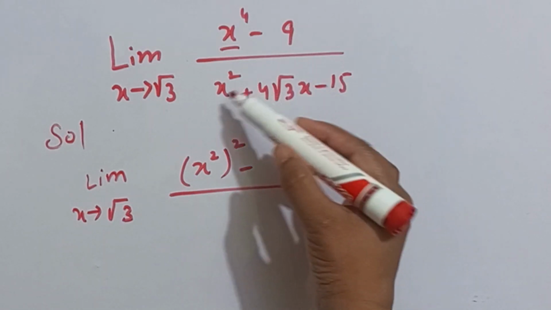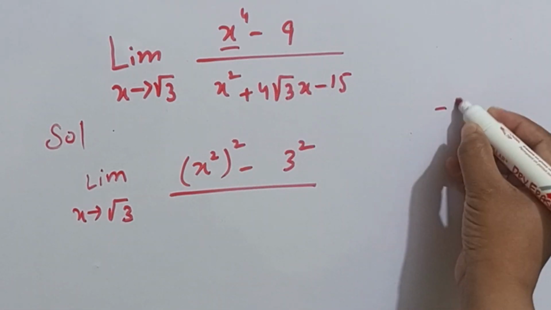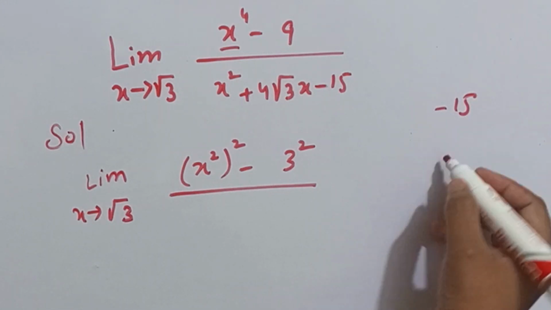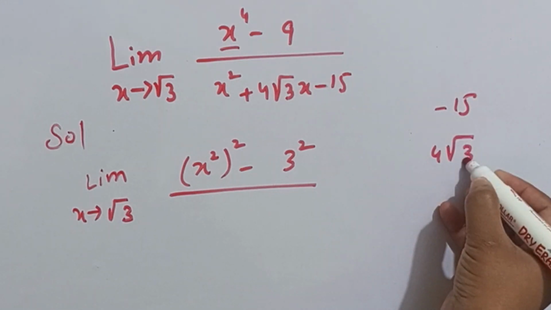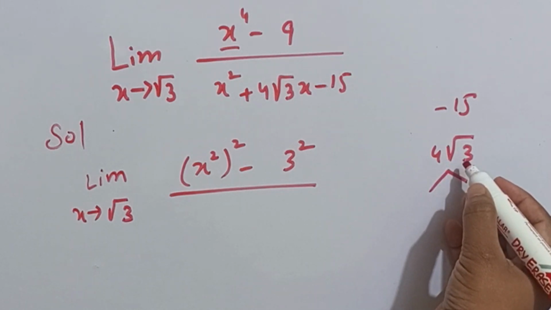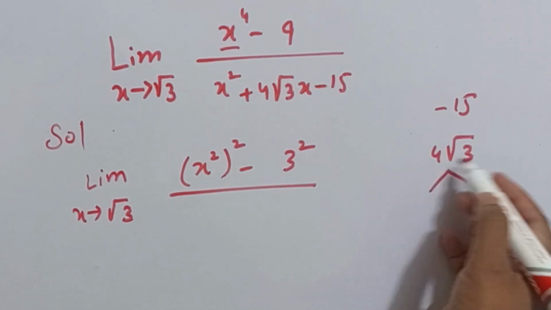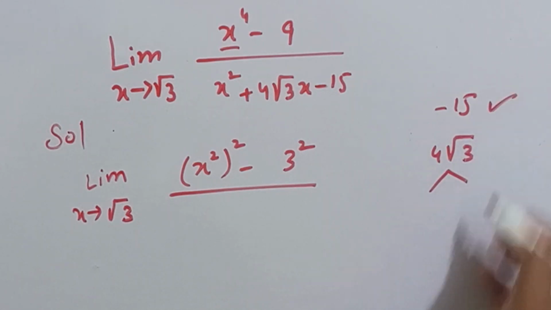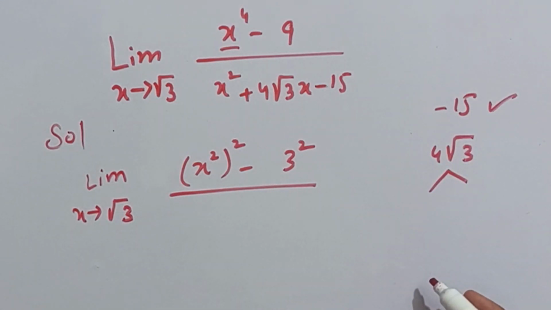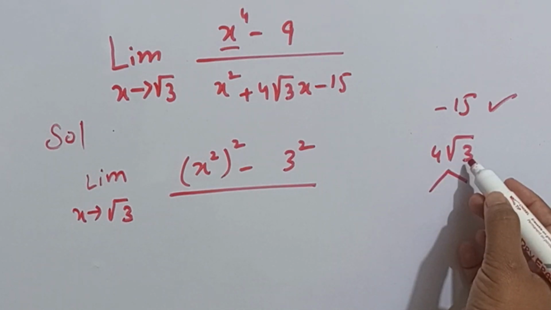If we multiply the first and last, we get negative 15, and our middle value is 4 times square root 3. In the next step, we split this 4 times square root 3 into two terms such that their product is minus 15 and their sum is 4 times square root 3.